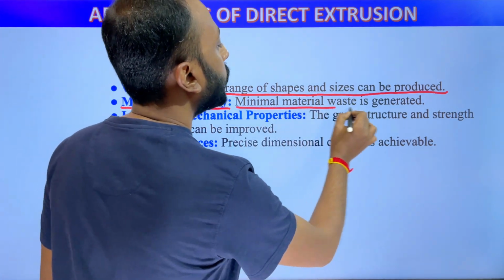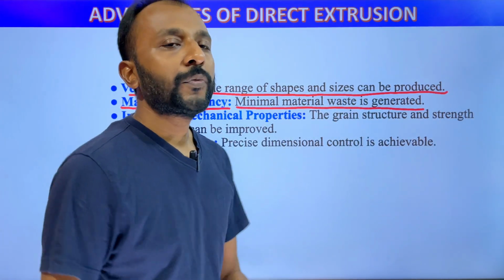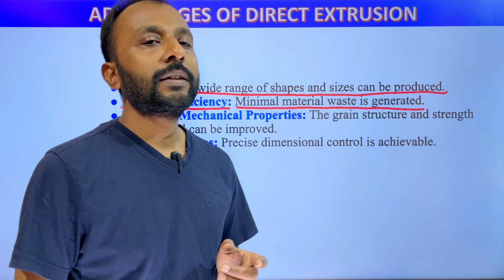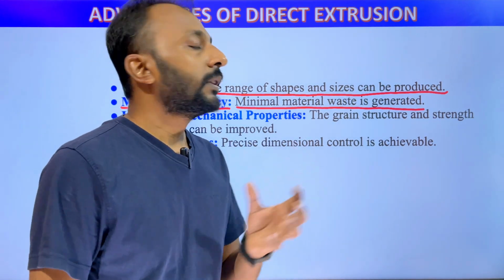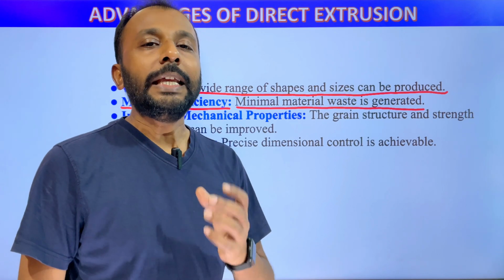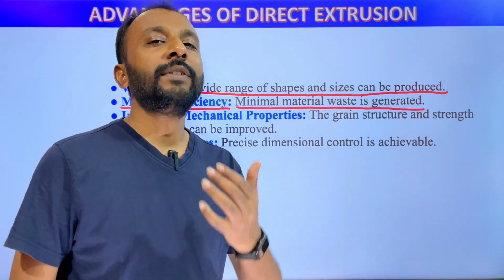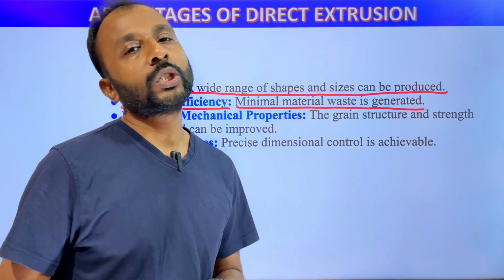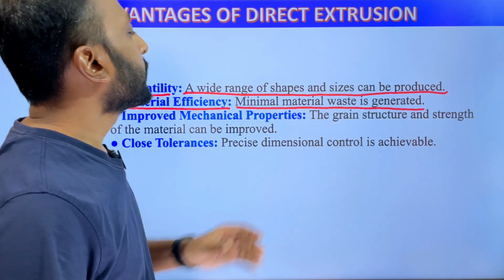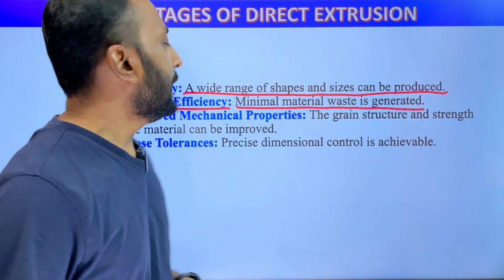Minimal material waste is generated. So in extrusion process or direct extrusion process, when we are producing a product, the waste of the raw material is negligible or very less than the other metal forming processes. So this process is cost effective because material waste is very less.